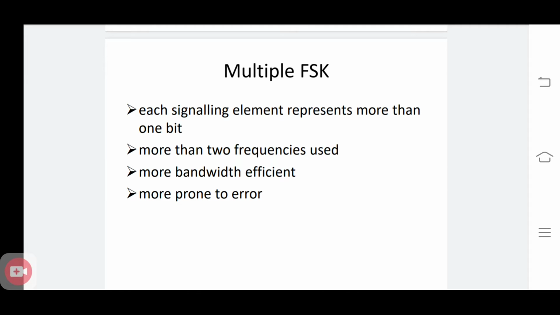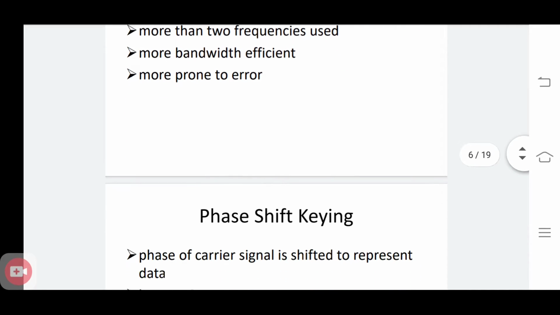The main advantage of multiple FSK is that it is more bandwidth efficient. Also, it is more prone to error. Okay, so frequency shift keying is the second mechanism for digital to analog signaling, or digital to analog encoding.